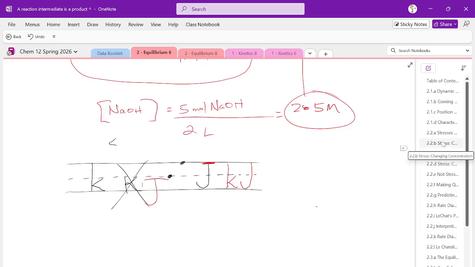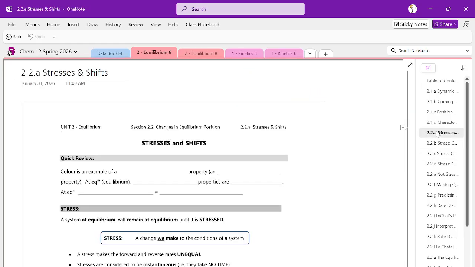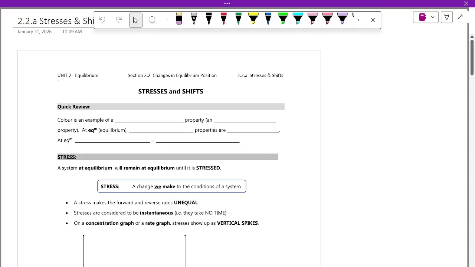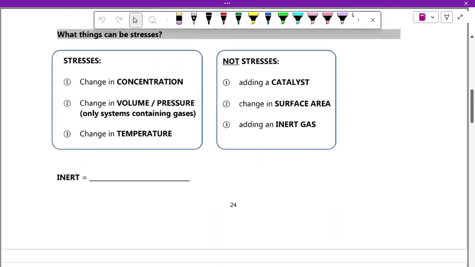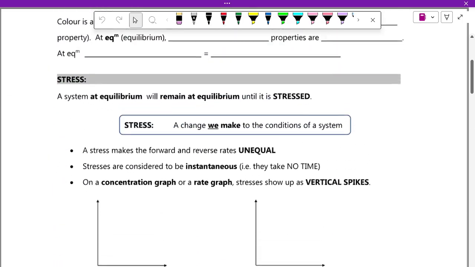So we made it through 2.1. Were there any questions from the homework there? No, we're good. All right. We're going to talk today about stresses and shifts, although we've already mentioned them. This is on page 24.